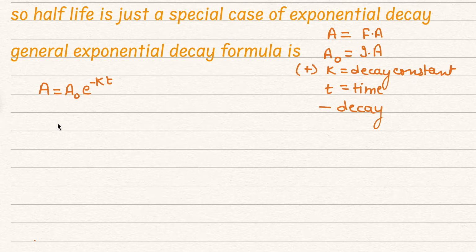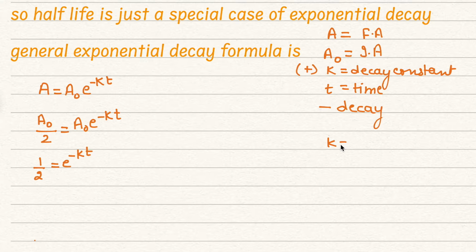And because the final amount is always half of the initial amount, I can replace the final amount by half of the initial amount, right? And dividing by the initial amount on both sides, we will be left with 1 by 2 is equal to e raised to power negative kt.